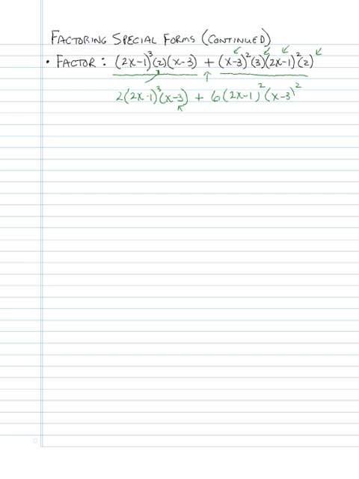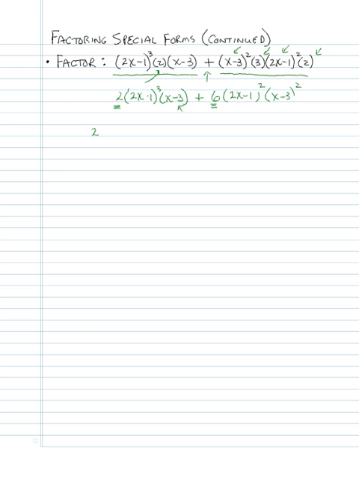Now, remember, this plus sign is separating the two terms. And so to factor this, we look at the numbers 2 and 6. Is there a common factor there? And of course, the answer is 2. So we can factor out a 2. That's a common factor between 2 and 6.